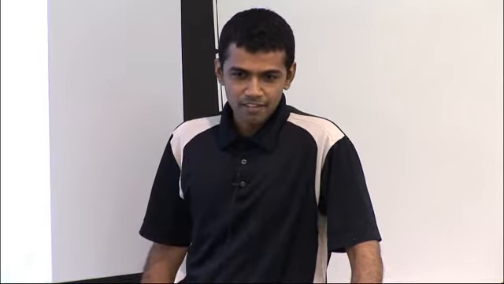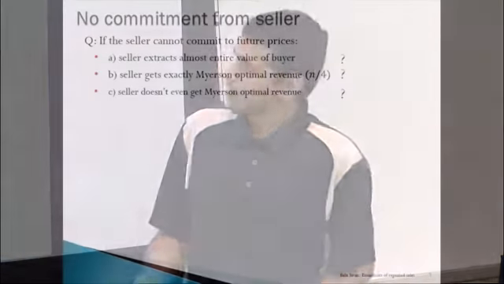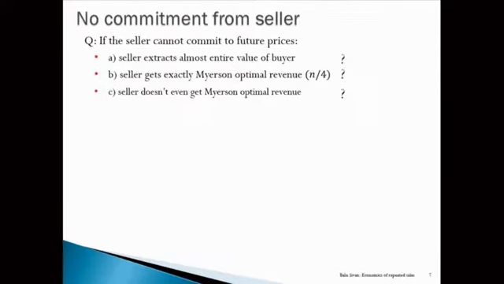Right. So do you think that at the end of this interaction, the seller will eventually know everything? Or that it doesn't matter, right, whether he can commit or not, I'll get exactly Myerson optimal revenue. Or that you'll get something even lesser than Myerson optimal revenue. But what is the buyer just trying to maximize, right?